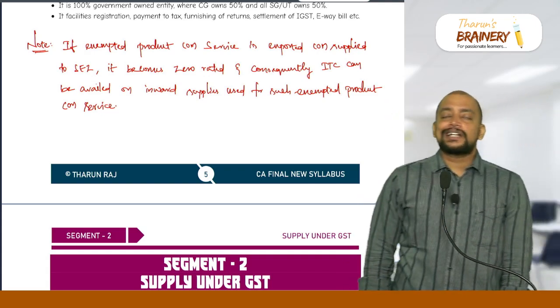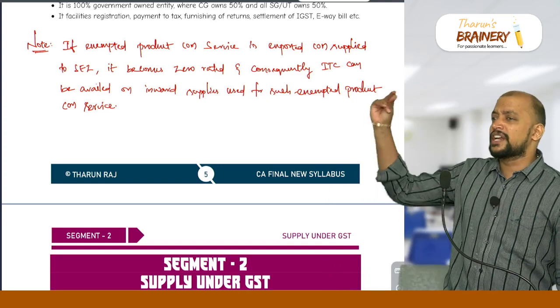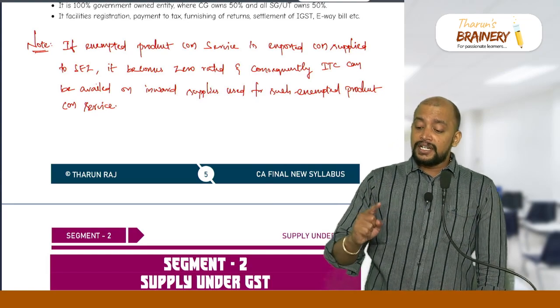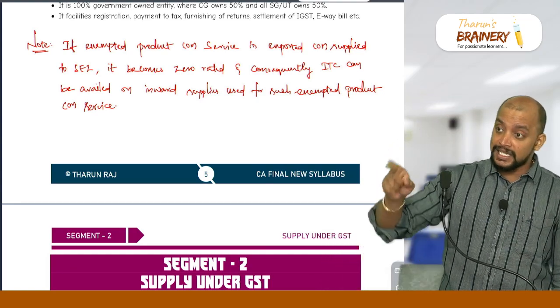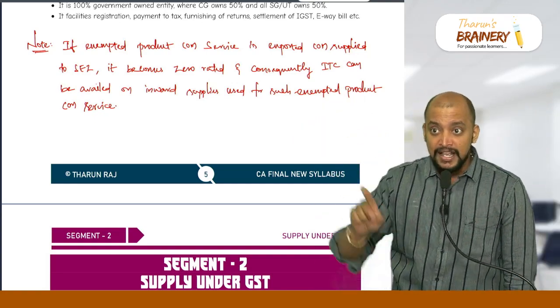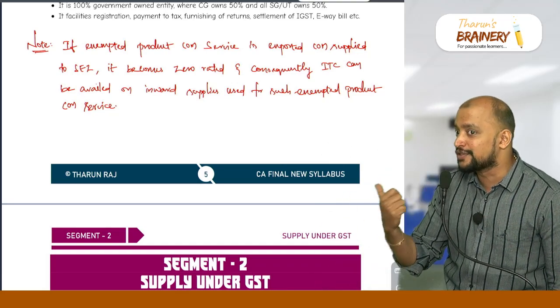Generally, if a product is exempted or if a service is exempted, we cannot take input tax credit on inward supply used in that exempted product or service. However, if that exempted product or service is exported or supplied to SEZ, it becomes 0 rated. When it becomes 0 rated, we can take the ITC on the inward supply used for that.